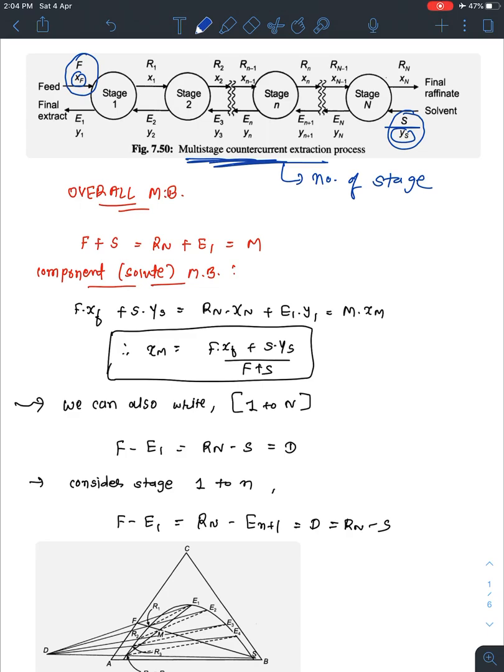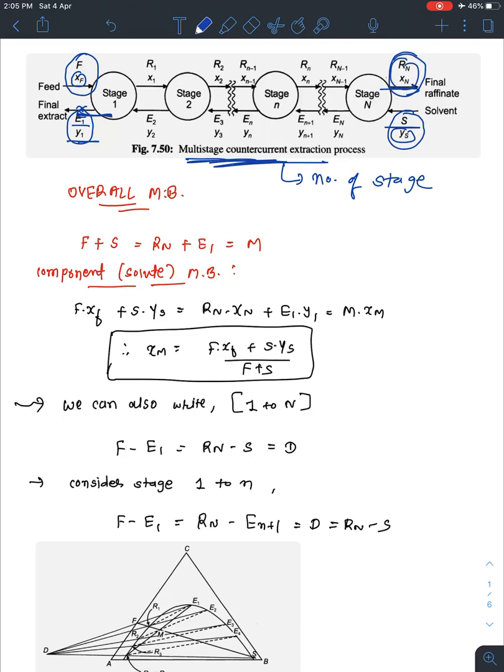And we know that after the operation we get the raffinate as well as the extract phase. Over here we'll get the raffinate, and at the first stage we would get the extract phase. It is coming from stage 1, that is why it is E1 and Y1, and this is coming from the final nth stage, so it is Rn and Xn.